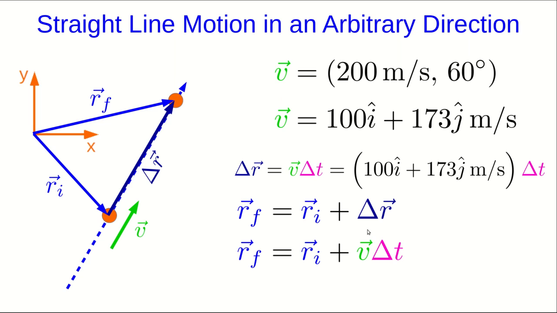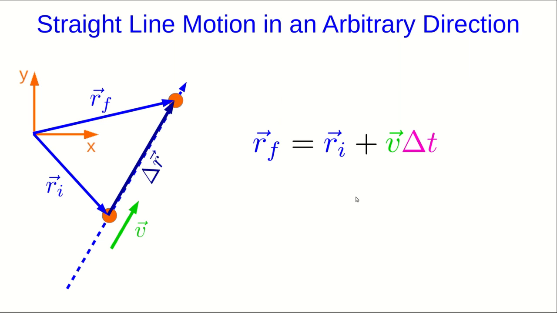So we can replace delta r with v delta t, and we have our final answer. For motion in an arbitrary direction at constant velocity, we can write the position at any time in terms of some earlier position plus v delta t.